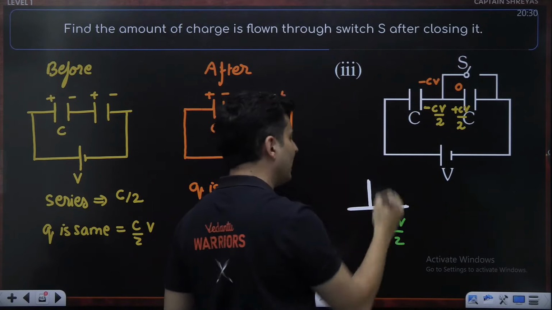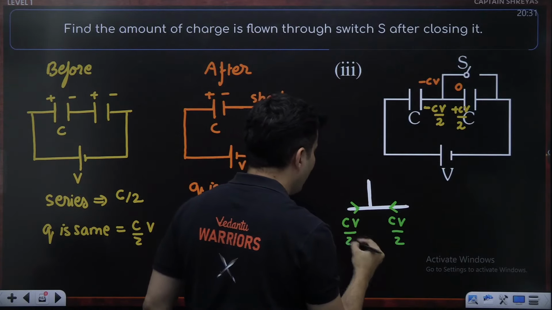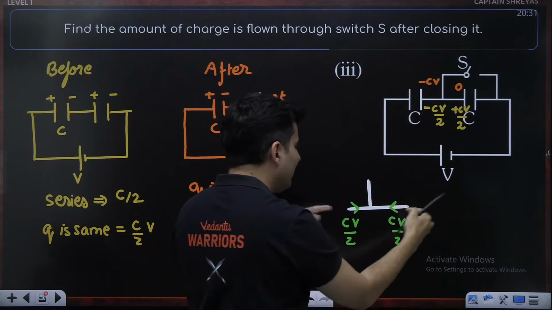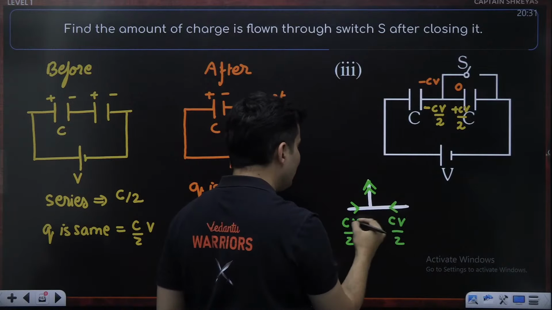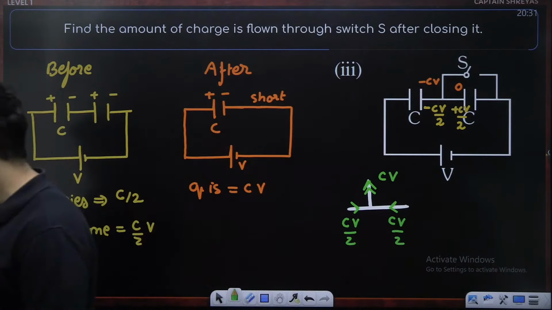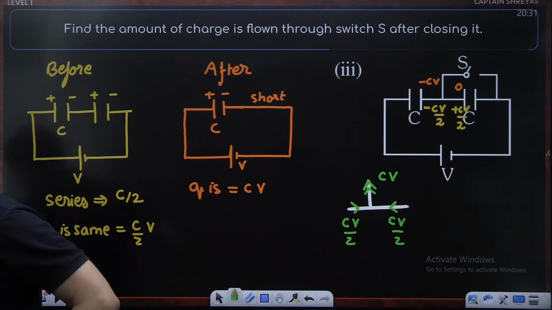It became more negative. That means CV by 2 charge would have gone out of this plate. Where will these two charges go? It will have to go over here. CV by 2 plus CV by 2 will just become how much? CV.